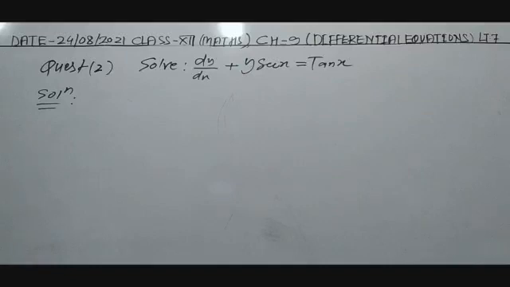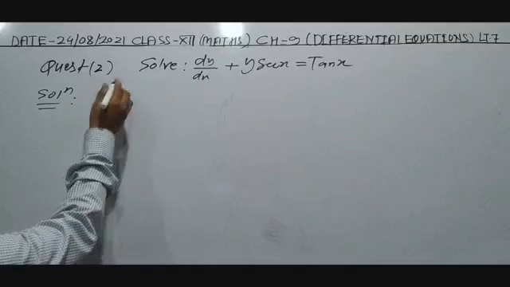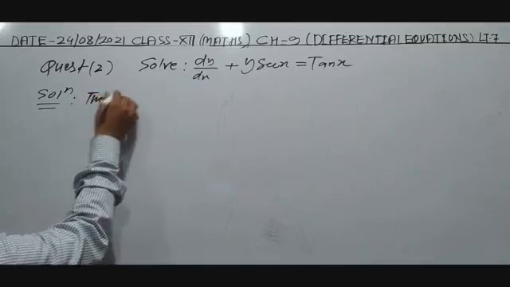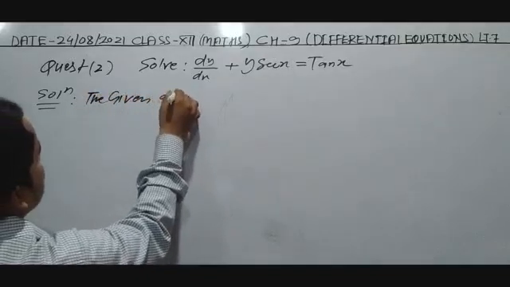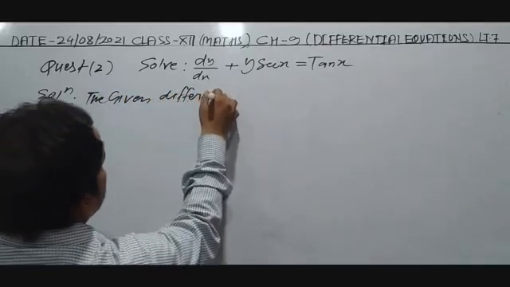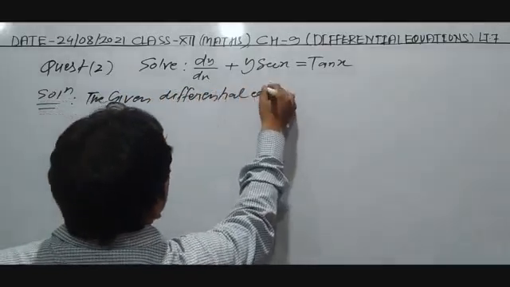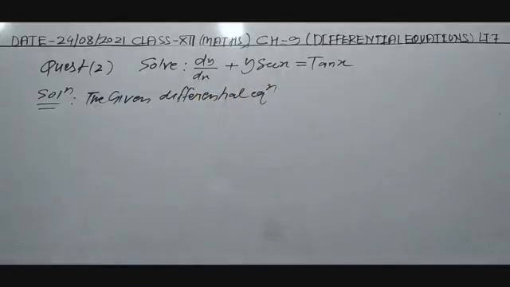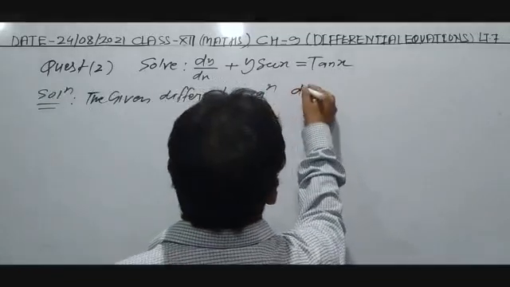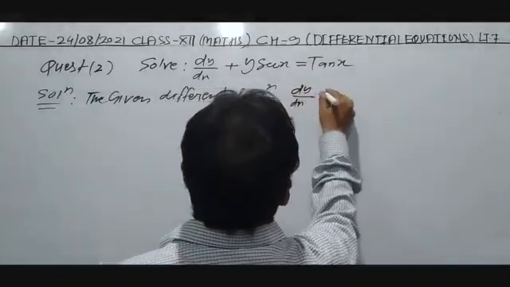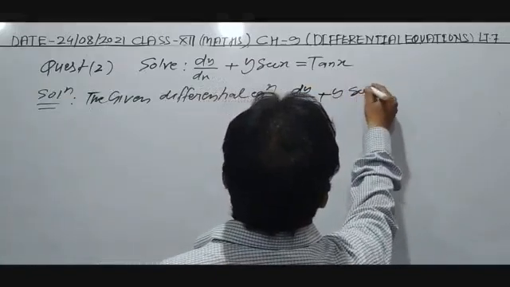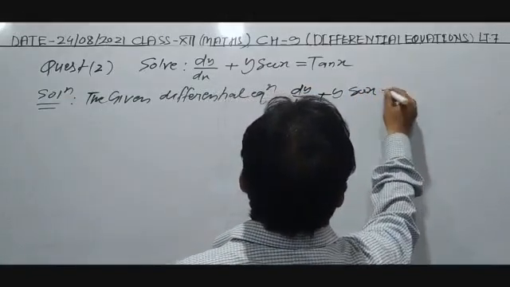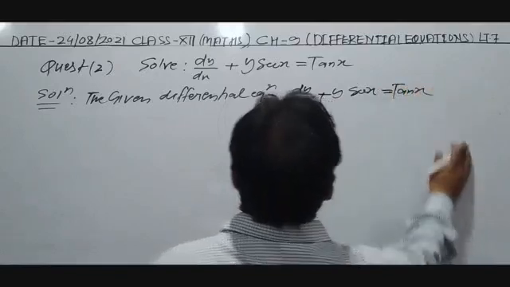So the given differential equation is of the form dy by dx plus y times sec x is equal to 10x.